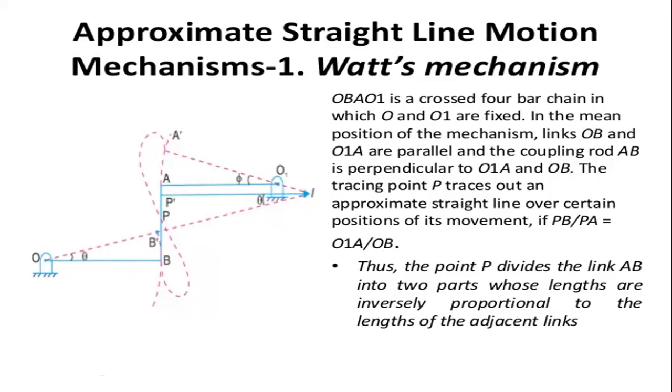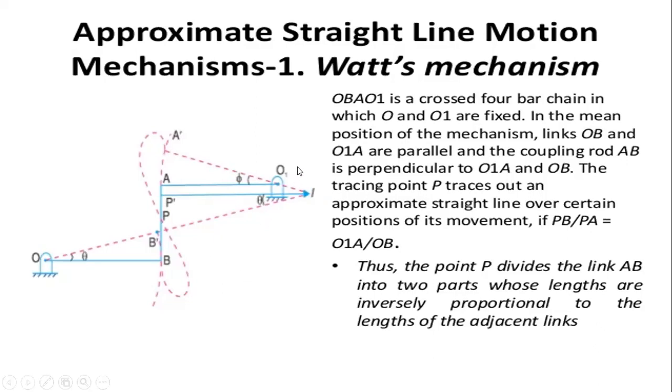That is, the adjacent links mean O1A and OB. So these conditions are to be satisfied for the approximate straight line motion mechanism.